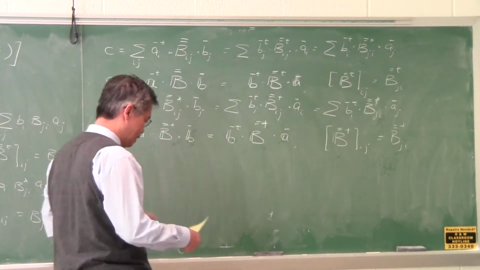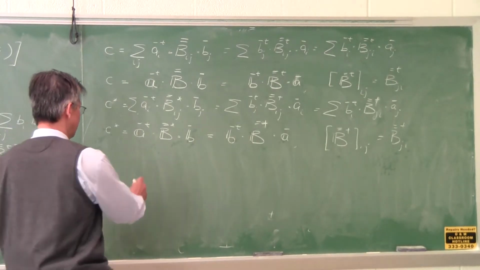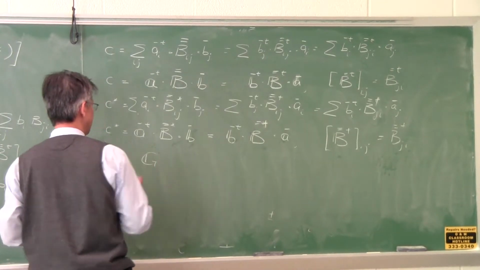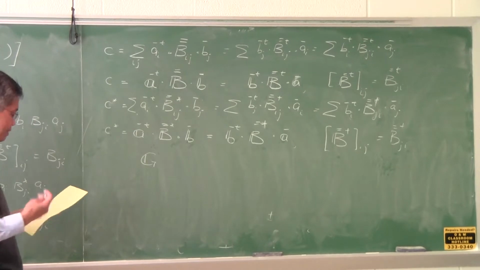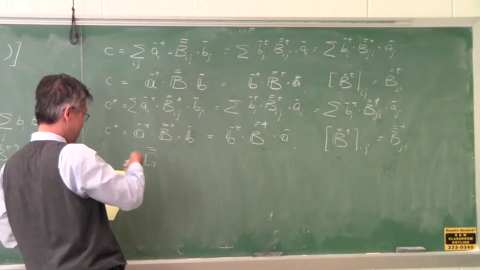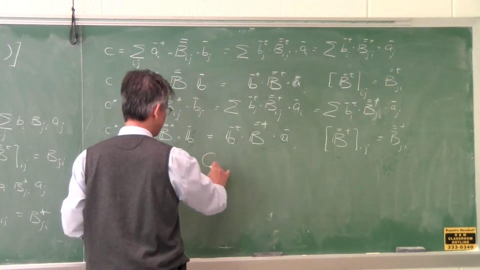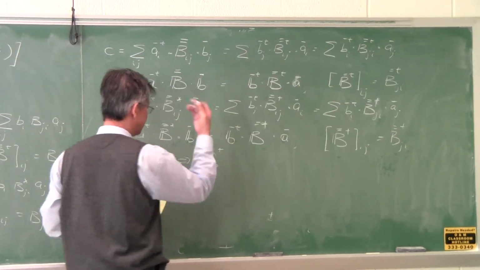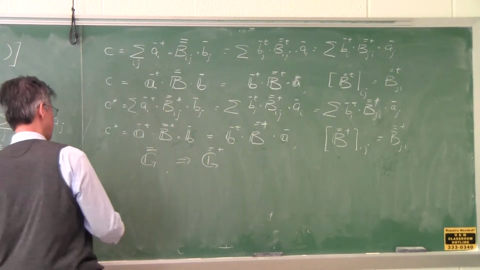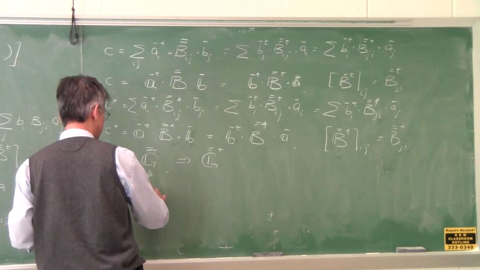Okay? So if you extend it to the dyadic Green's function now, if I think of the dyadic Green's function as a super operator in Hilbert space, I want to find its conjugate transpose. What is it? I know the coordinate representation of this.